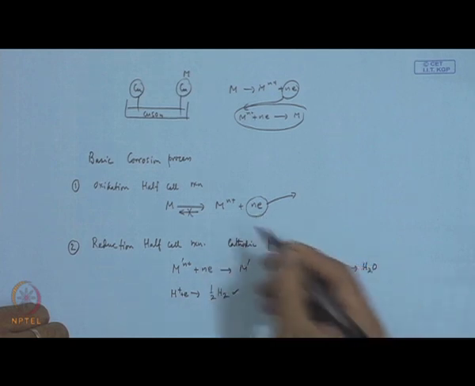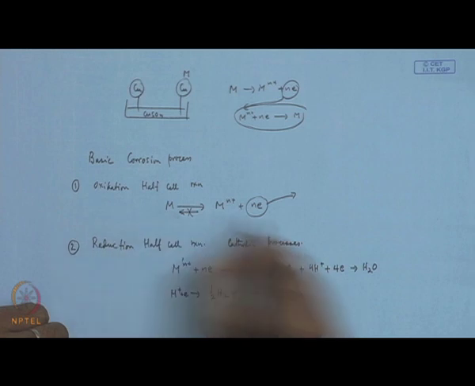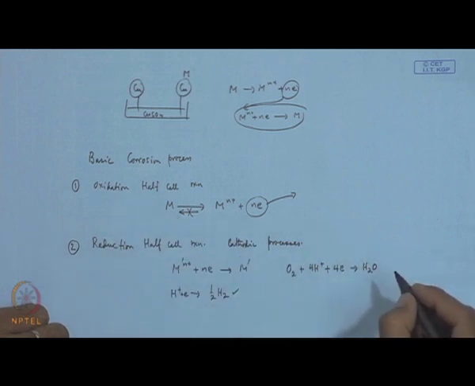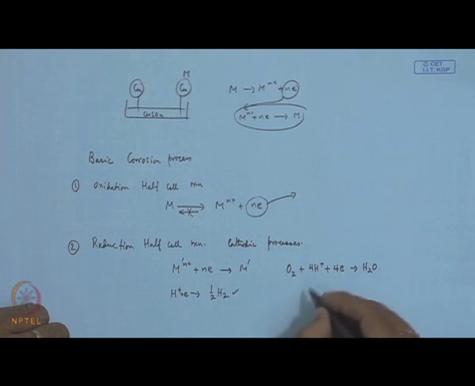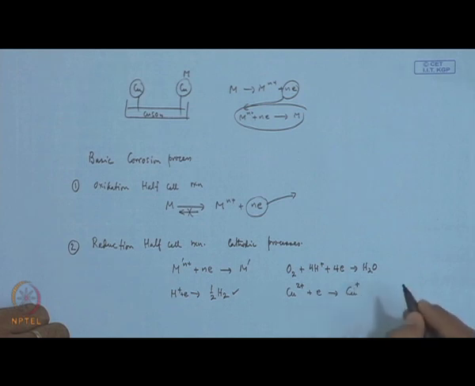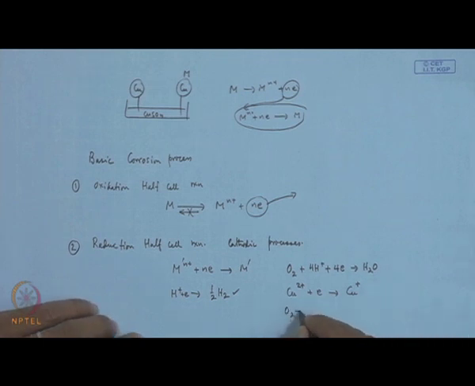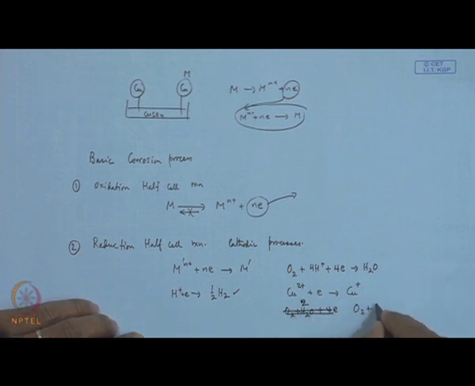You see that these are used up, so the equilibrium is now shifting this way. Maybe Cu2 plus electron giving rise to Cu plus, that is one state. Let me write it again: O2 plus 2 H2O plus 4 electrons, giving rise to 4 OH minus.